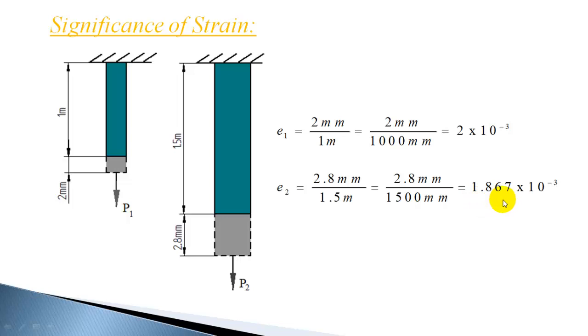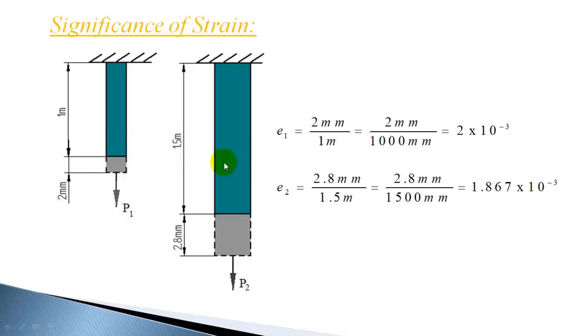So 1.867 into 10 raised to minus 3 meter means 1.867 mm in 1 meter length, whereas this in 1 meter length is elongating by 2 mm.